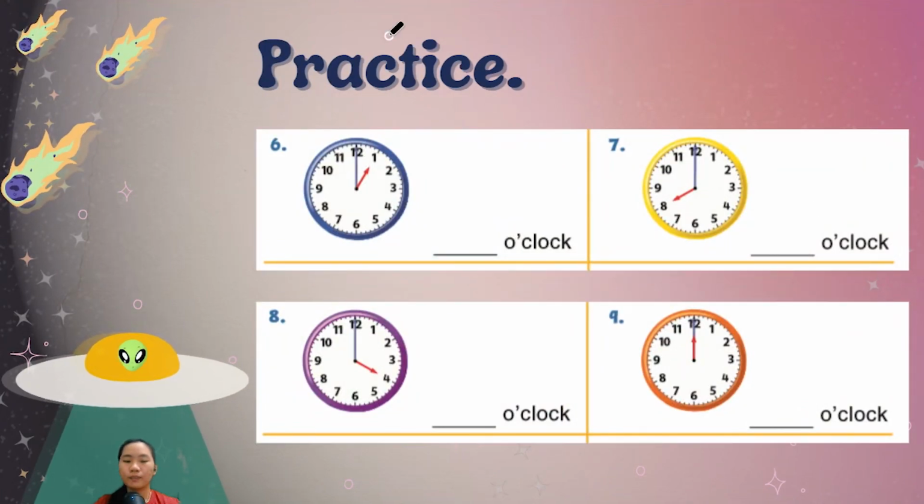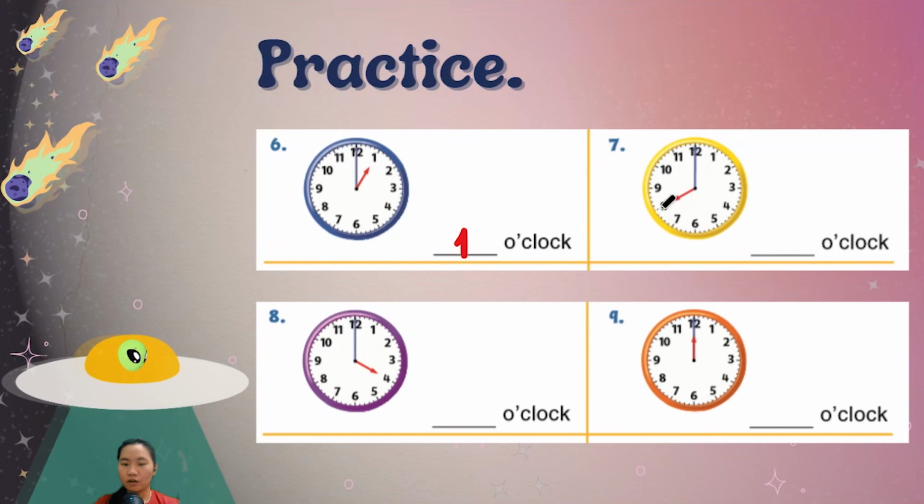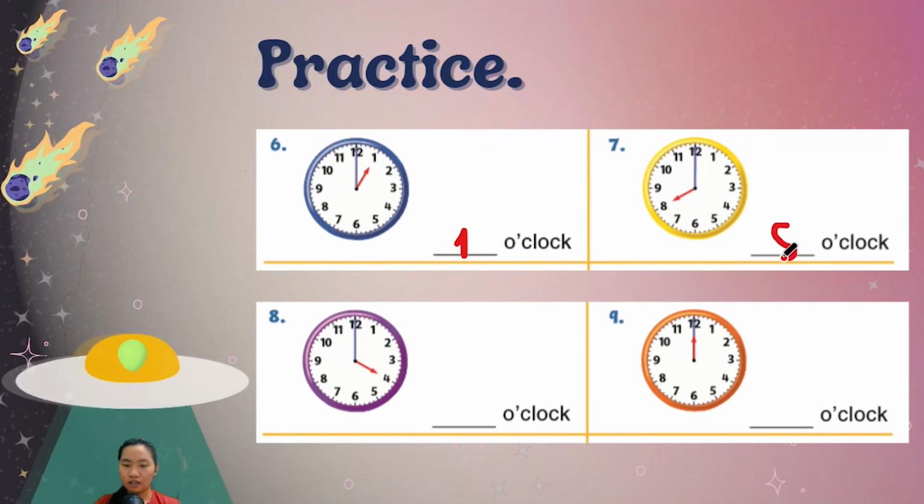Let's do some practices so we can reinforce what we've learned. Now, look for the short hand. Okay, the short hand is pointing at 1. It's 1 o'clock. The short hand over here is pointing at 8. It's 8 o'clock.